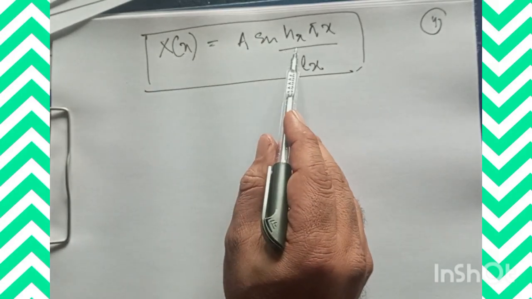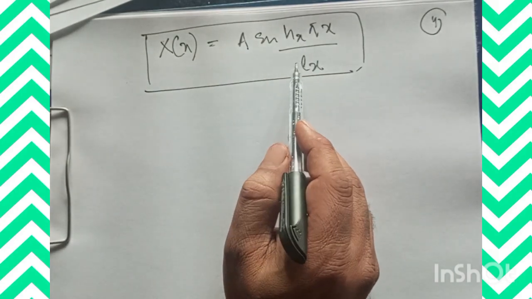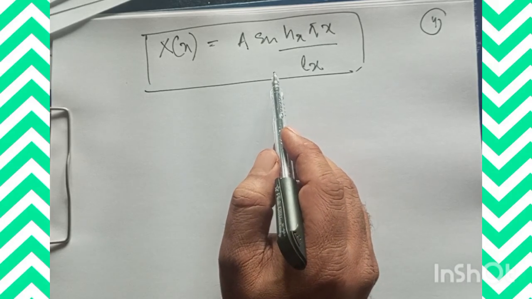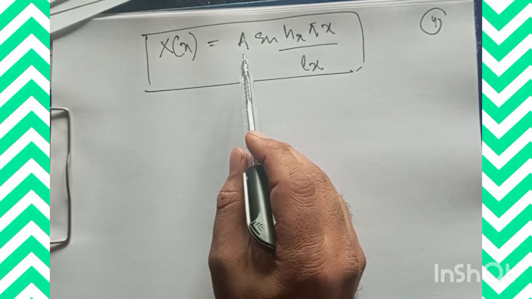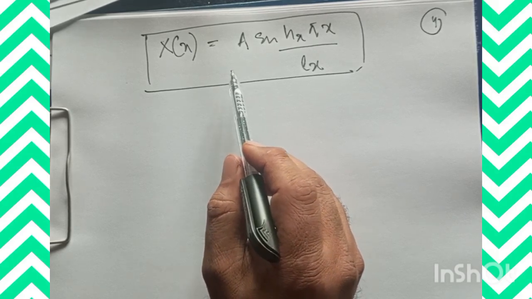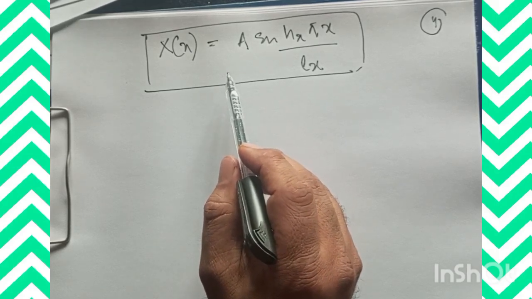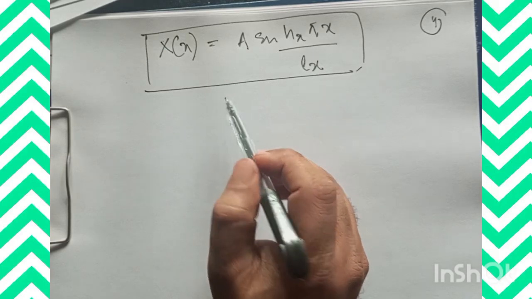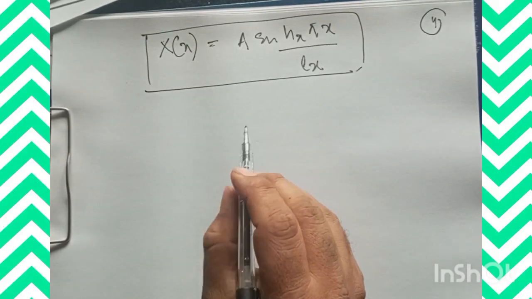This gives me the amplitude, X(x), which is A sine(nx pi x by Lx). In this equation we have this A, and what is this A? This is a constant, and it can be calculated by making use of the normalization condition.